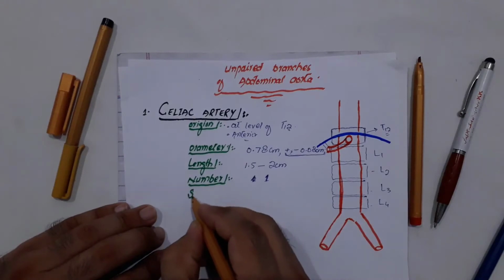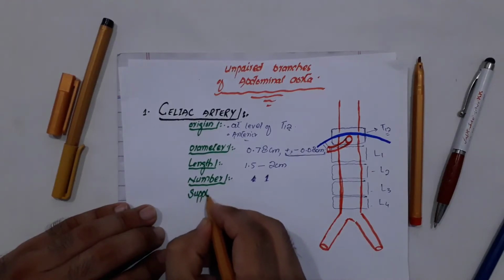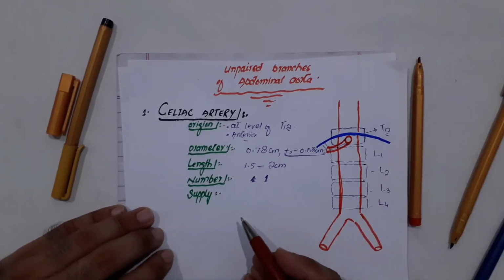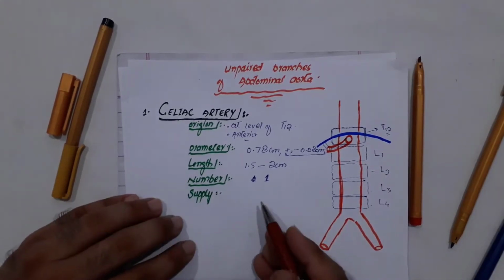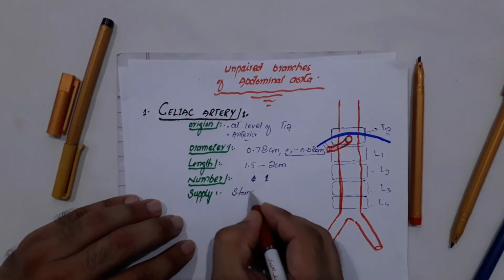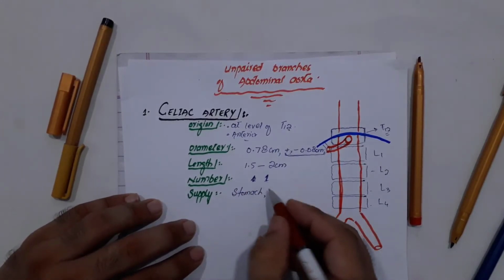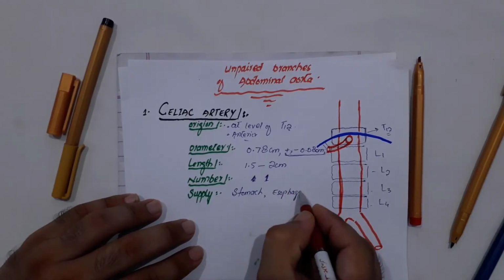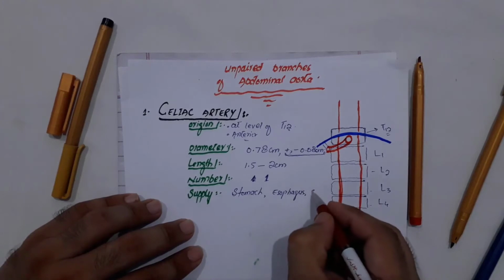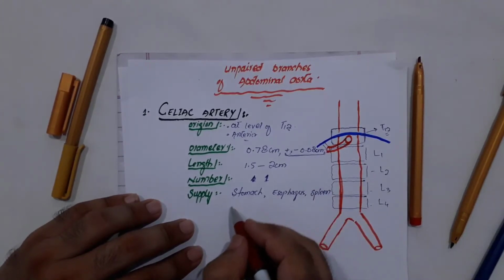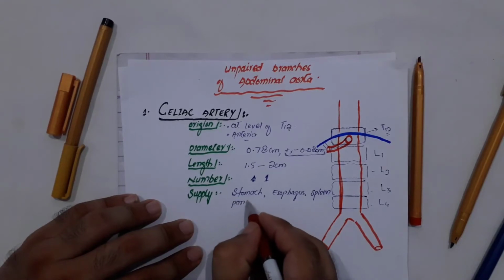What does this artery supply? This artery is responsible for the supply of different abdominal viscera, and let me write some of them here. It supplies our stomach, our esophagus, and our spleen. It also supplies the pancreas.